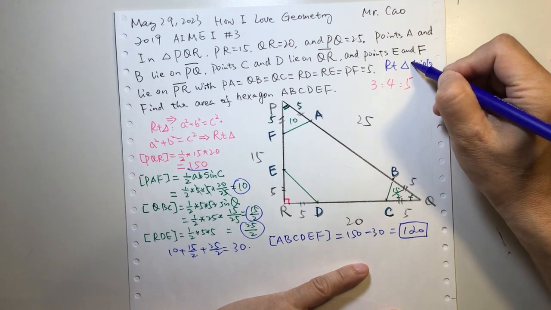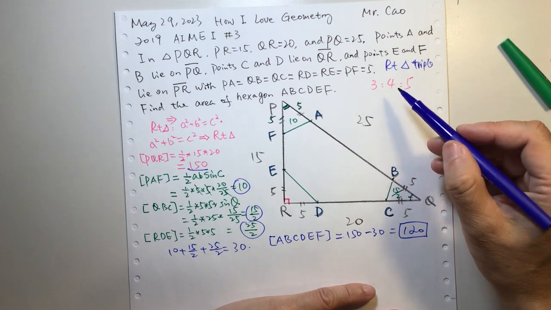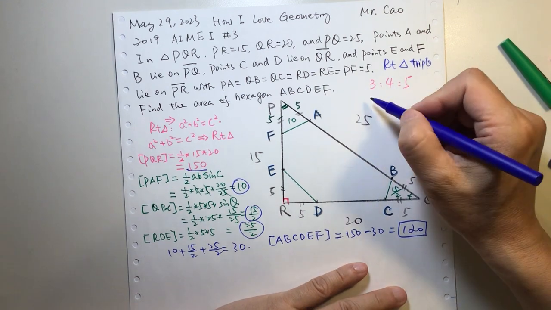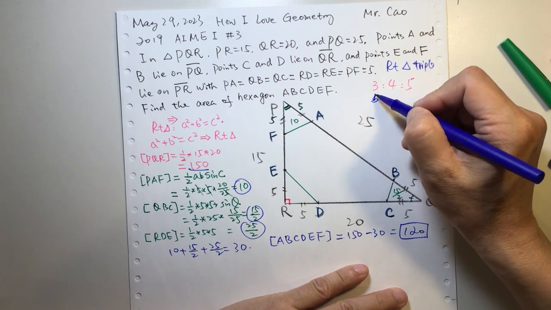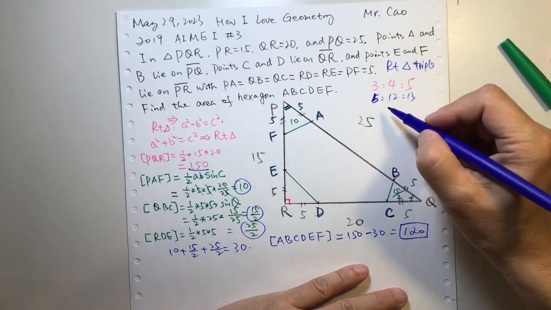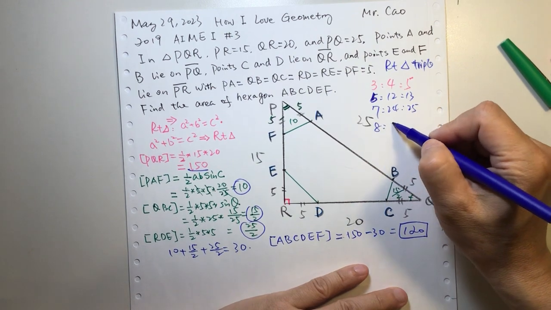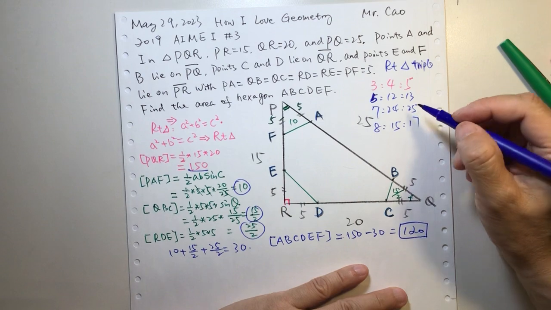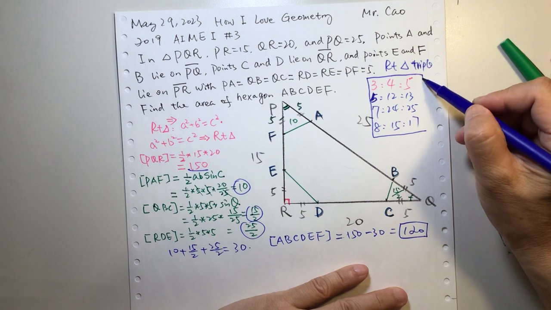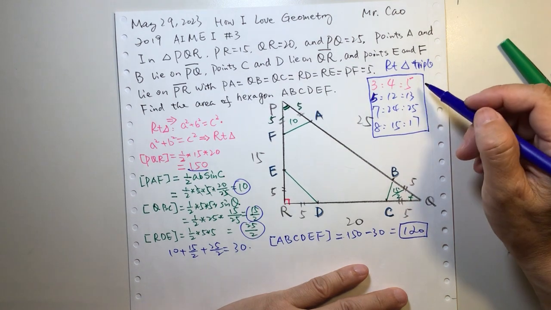It means if the three sides of a triangle have the ratio 3, 4, 5, or 5 to 12 to 13, or 7 to 24 to 25, or 8, 15, 17, these are used very, very frequently. That's for the three sides of a right triangle, right?